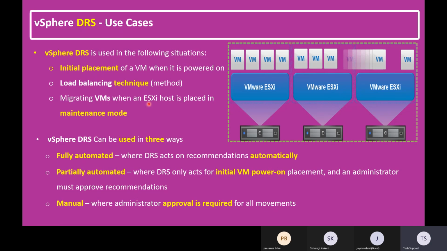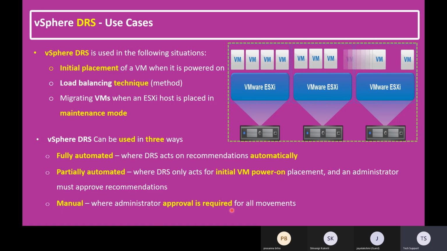The next use case is migrating VMs when an ESXi host is in maintenance mode. Suppose I want to do some maintenance on ESXi host 1. When you place the host into maintenance mode, we don't need to migrate VMs manually. DRS will migrate them automatically to another ESXi host, wherever the resources are available. DRS can be used in three ways: fully automated, partially automated, and manual.